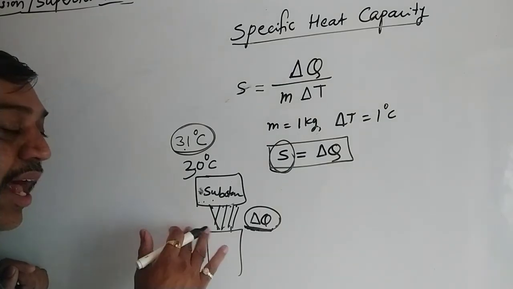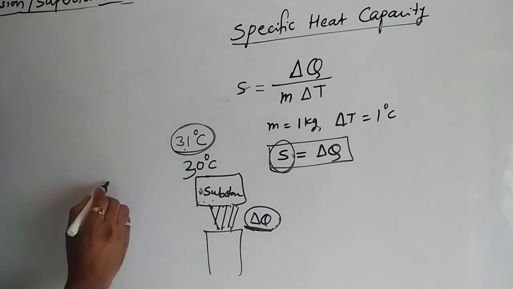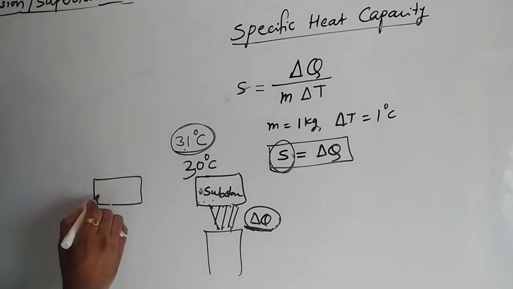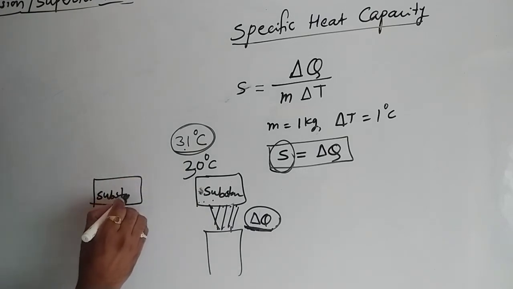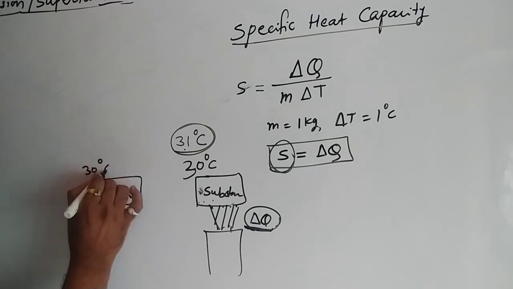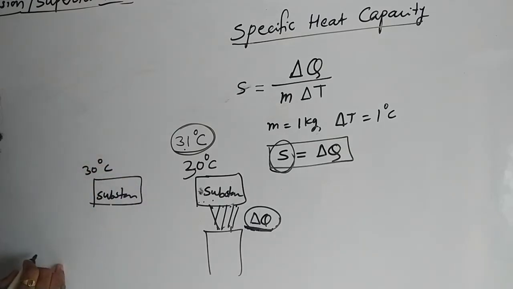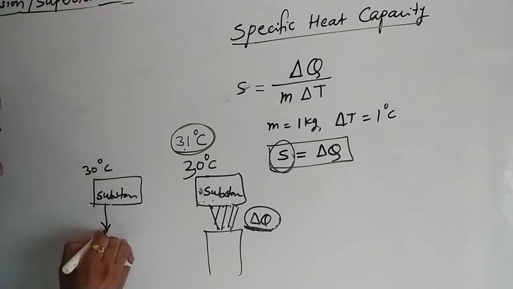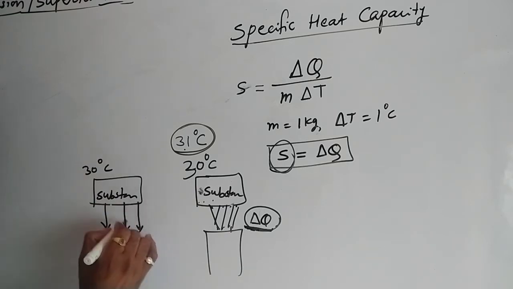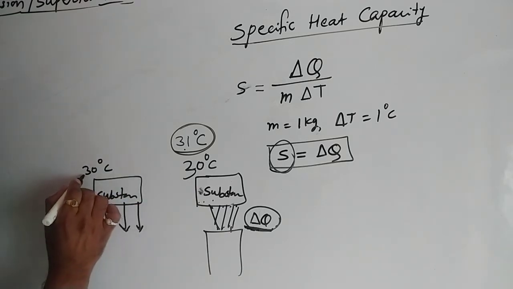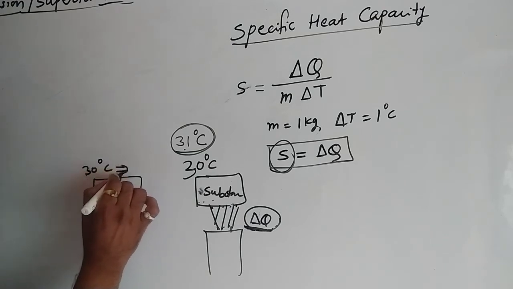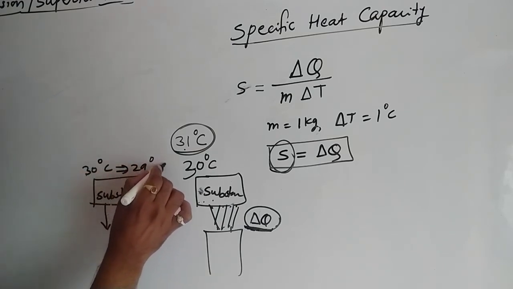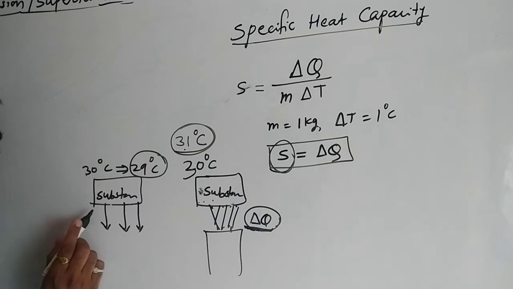Another thing, suppose we have another substance. Its temperature is again 30 degrees Celsius. We are not going to supply the heat, we are going to extract the heat. Extract means we are removing heat from a material so that the temperature changes from 30 to 29 degrees Celsius. Here there is a fall of temperature.